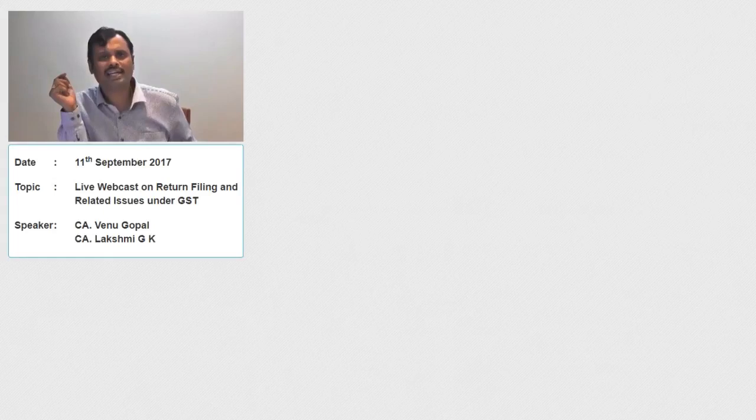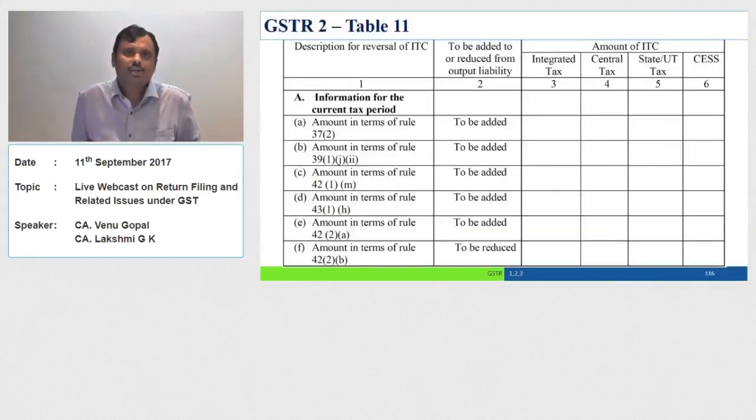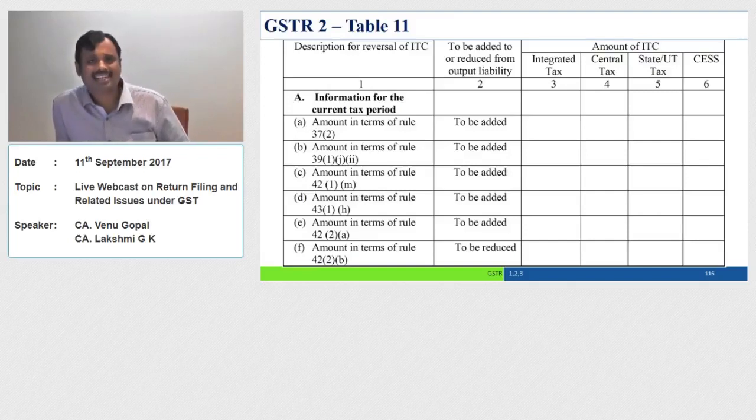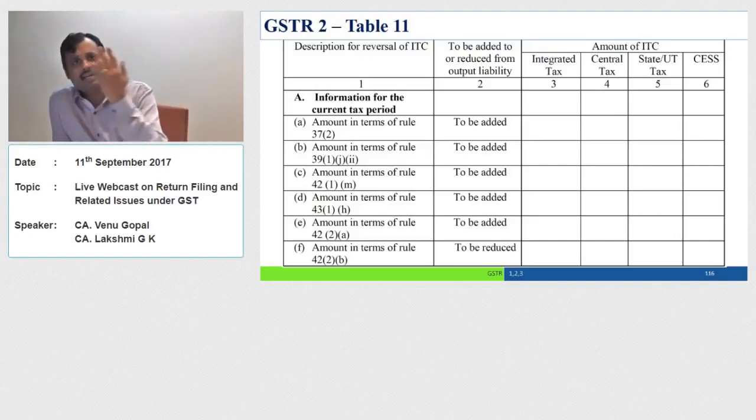This is one critical table where you will be manually adding your liability for various reasons, or you are reducing your liability. Now, why am I using the word liability when it is coming towards input tax credit or your GSTR2? So the example which I have given earlier, these common credits are taken as eligible credit upfront, meaning those credits are taken to your credit ledger, you are enjoying the credit fully.